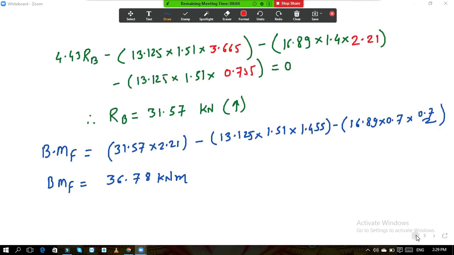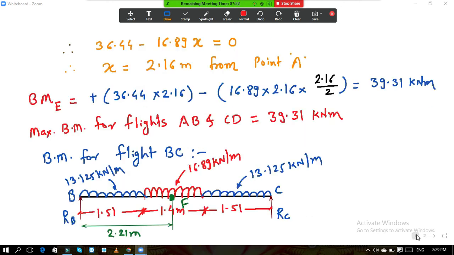So the next point is check for depth. Now to calculate this check for depth, first consider the maximum bending moment. This bending moment is 36.78 kilonewton meter.